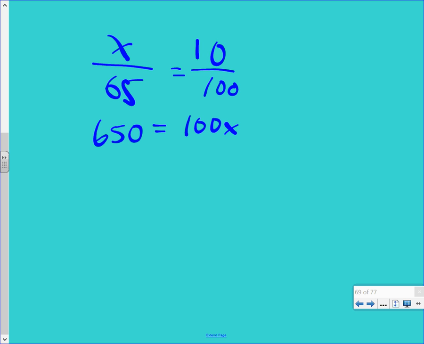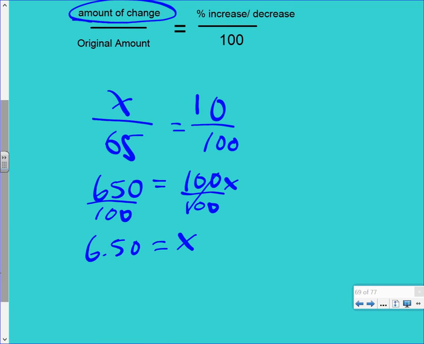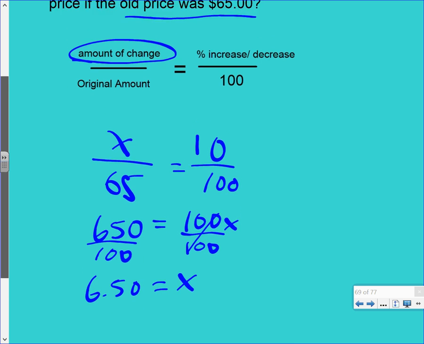We're going to divide both sides by 100 now, right? What does that mean in money? What does 6.5 mean in money? $6.50. And what did x represent here in our formula? So did the price go up or price go down? It increased. It increased $6.50. So what's the new price then?